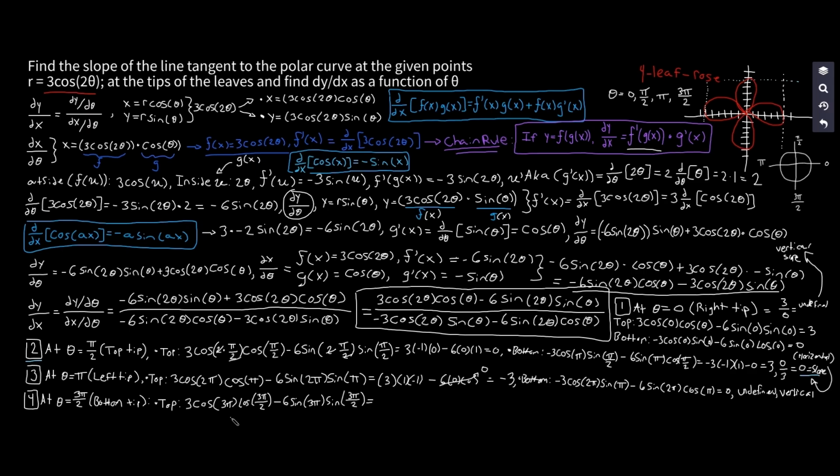No, this is wrong. This is supposed to be, because we're doing the top one. Oh no, wait a second. Cosine of 3 pi over 2 is going to be 0.